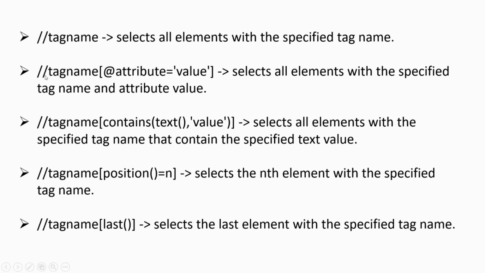Now the second one is double slash, tag name, @ symbol, attribute and its value. So we can provide the attribute as well. What attribute? Like the class name and class values, right? It selects all the elements with the specified tag name and attribute value. If you put a certain class, it will go on the web page and select all the tags with the specified attribute value. Similarly, the contains function.